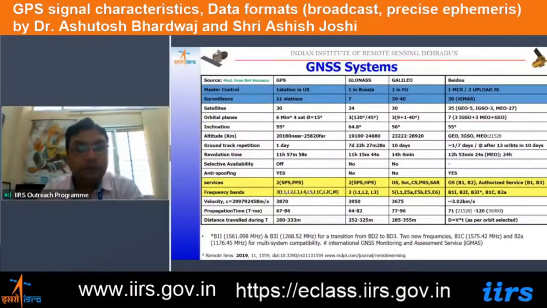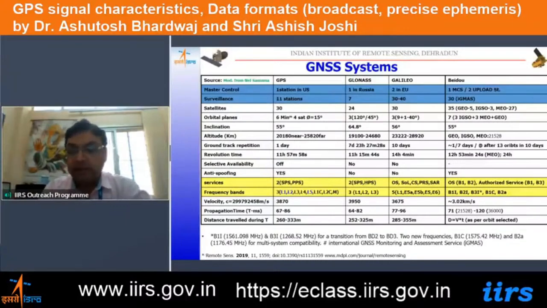Then this was what we have discussed regarding the comparative table for GPS, GLONASS, Galileo and BeiDou. So we discussed the services given by GPS. L1, L2 and L5 are accessible to the civilian users. Earlier, when civilian access to the GPS code was not there, the CA code also used to be there.